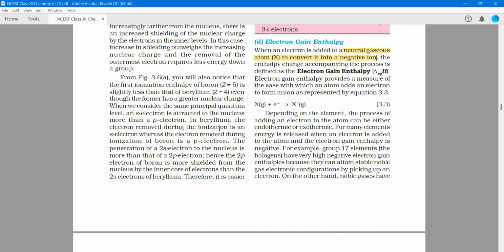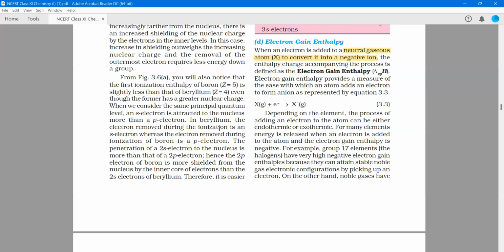Now, before going to the book chapter, let us just recall what we just read. We read about the radius: when we go down the group, the size increases, and when we go from left to right, the size decreases. So in order to gain an electron, when you have a smaller size, the gaining of an electron will be easier, because the formed anion will have a smaller distance between the nucleus and the electron, and that is why we have greater electron and nuclear attraction.